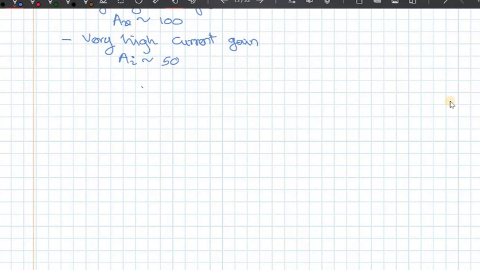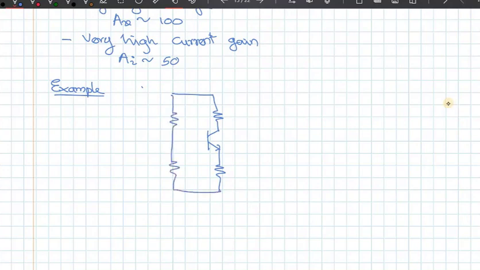Now let's look at an example circuit, similar to what we have seen. Let's put an emitter resistance also, with a bypass capacitor. So this is plus VCC, RC, RE.